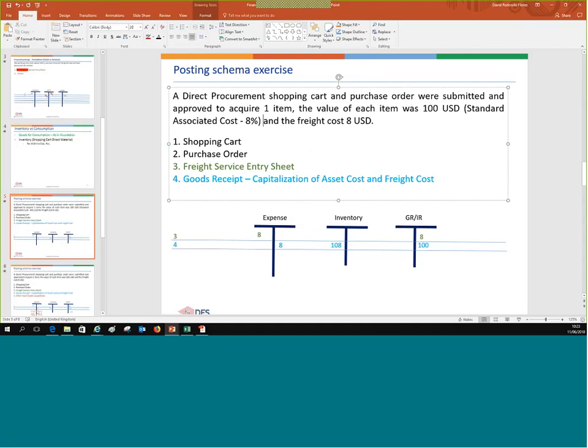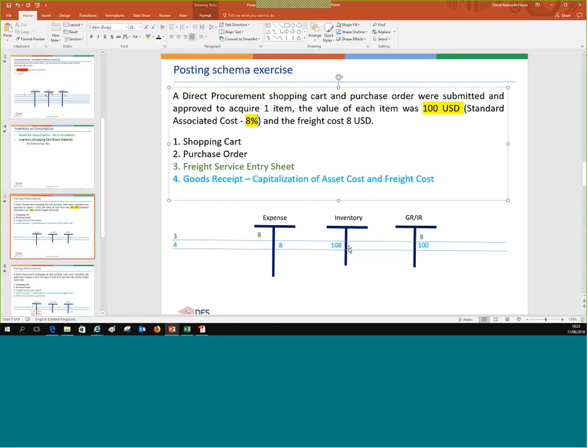So when the goods receipt is posted, we are not debiting the expense account directly. We are debiting the inventory account for the amount of the item, plus 8%, which is a standard associated cost.